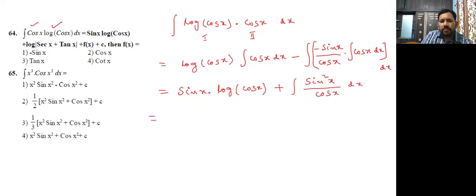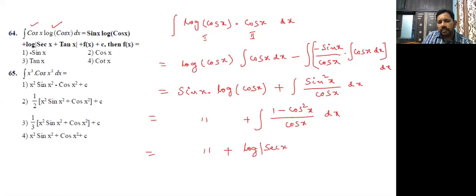What is the sin square x formula? Integration 1 minus cos square x divided by cos x dx. That is equal to integration 1 by cos x, that is integration secant x, we get logarithm of mod secant x plus tan x.